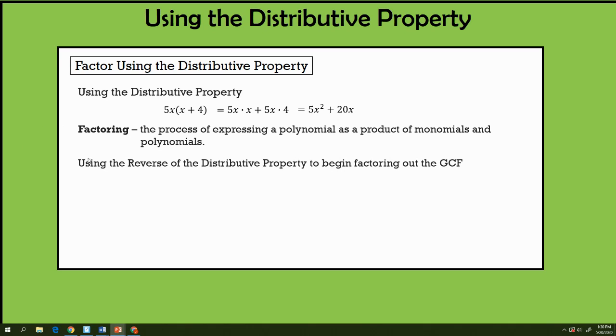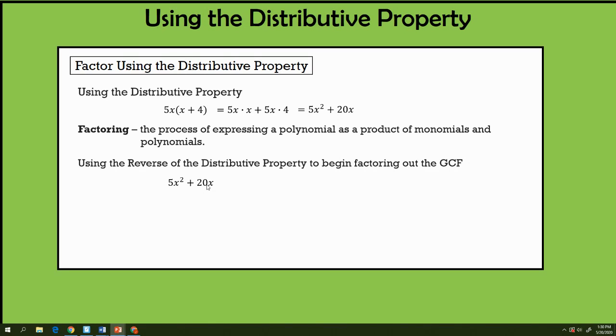Okay, so we're going to be using the reverse of that distributed property today, and we're going to be taking out GCFs, greatest common factors, and rewriting them as products. Like I was showing you in the example, I'll give you this. What you're going to have to do is look at it, see that we've got two terms, and pick out the GCF of the two terms.